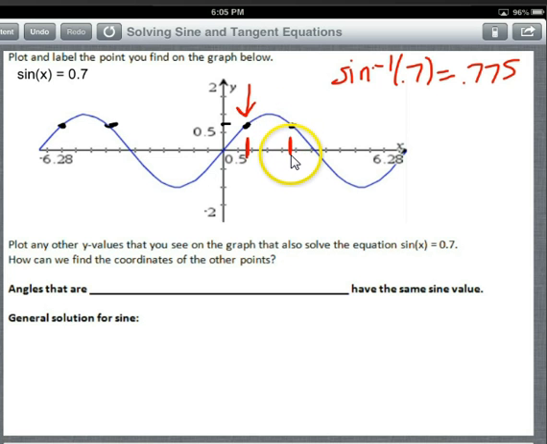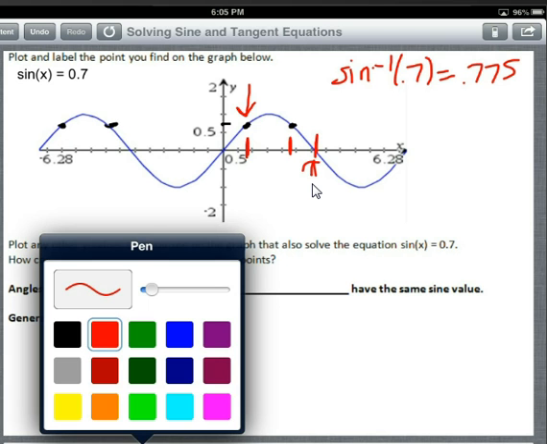So how are these related? What I want you to notice is that the distance from my principal angle to 0 is the same distance as from my secondary angle to pi. This is pi right here. Let me label that. So this distance is pi.